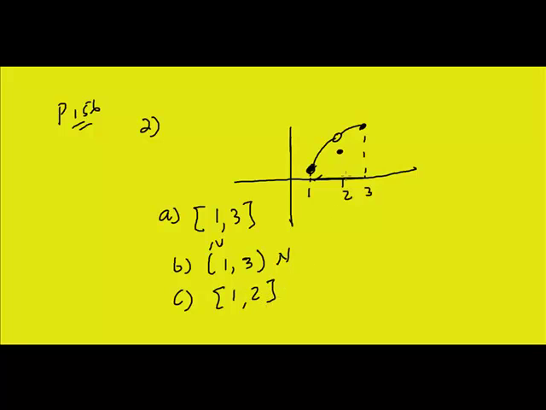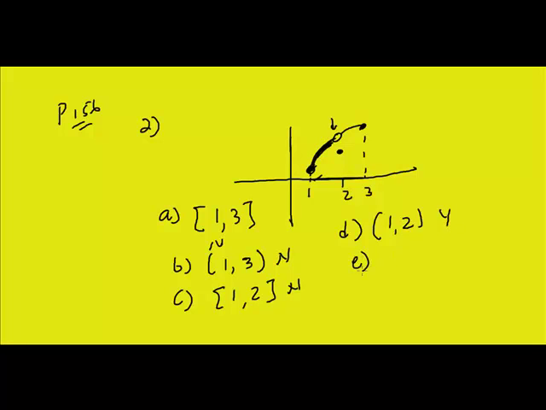Well, we're including 2, but there's a break at 2, so this is no. D. How about open interval, not including the endpoints, 1, 2? Well, in the open interval, that means not including endpoints, in between 1 and 2, yeah, that means yes, it's continuous there.